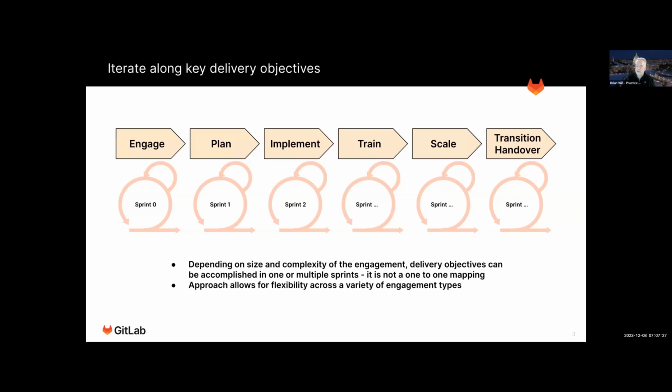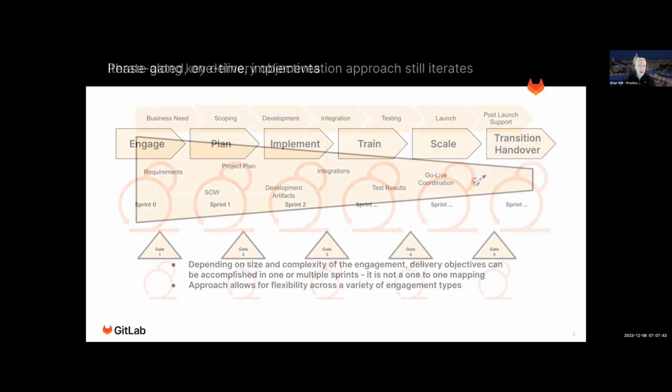So again, an agile iterative model is very flexible, and that's why it's so popular. That's why we have it in the product, that's why our product engineers are using it, and that's why many customers are using it.